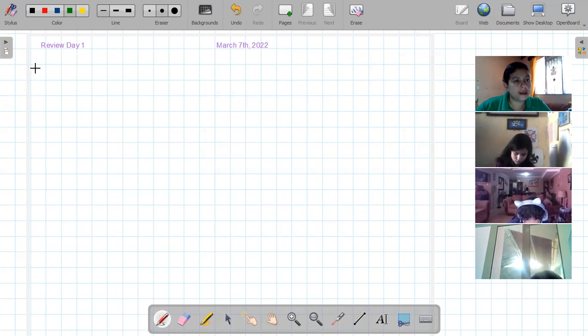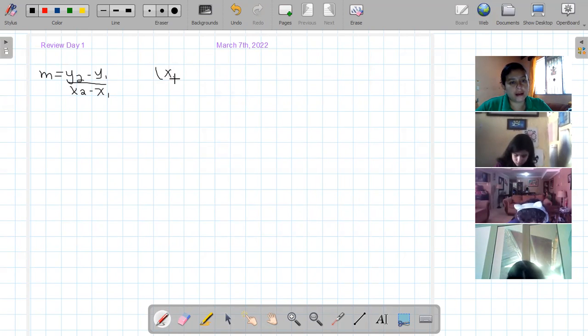So we have two formulas for slope. The first formula, which is for two given points, okay, is going to be y2 minus y1 over x2 minus x1. Like I told you, this is from two given points.